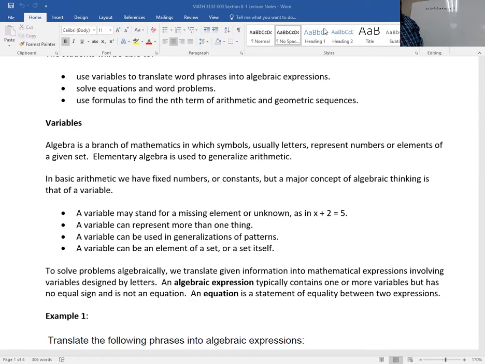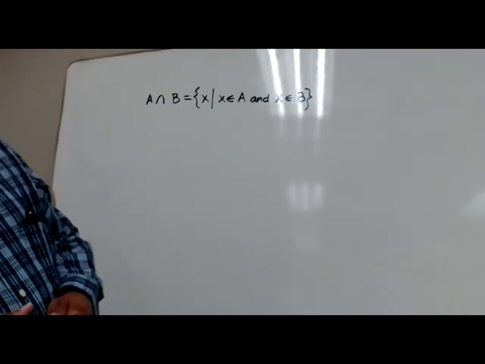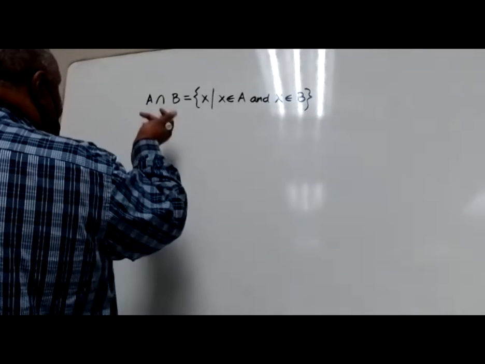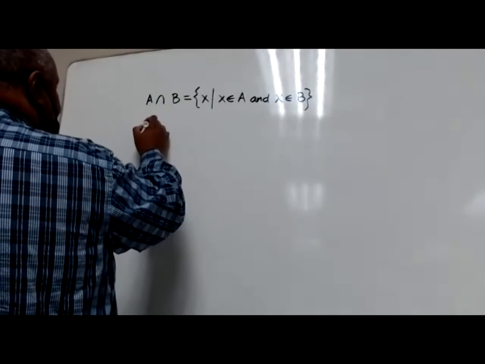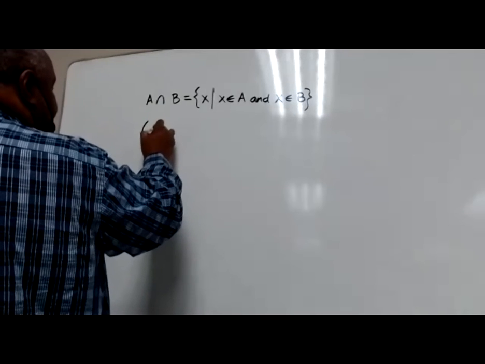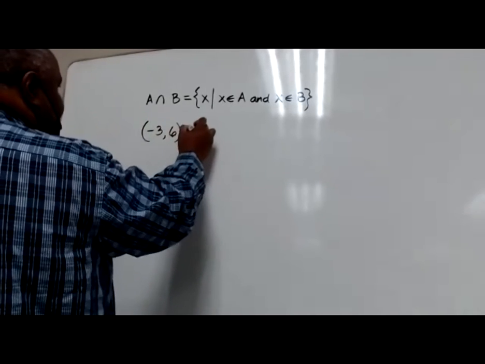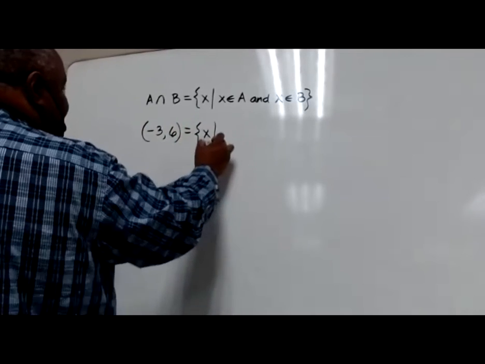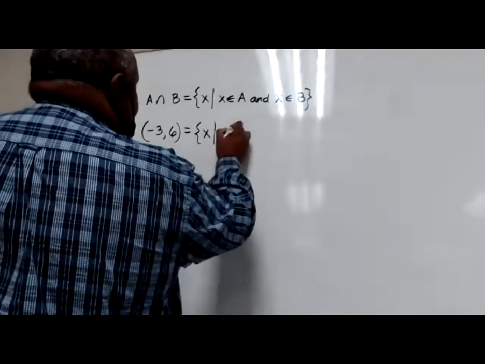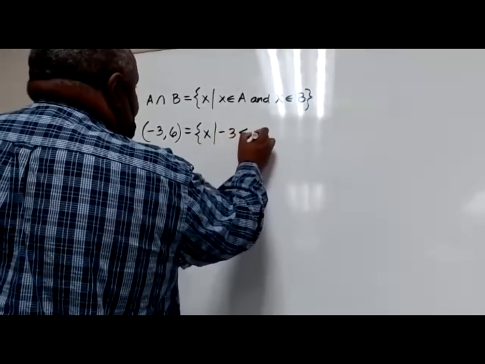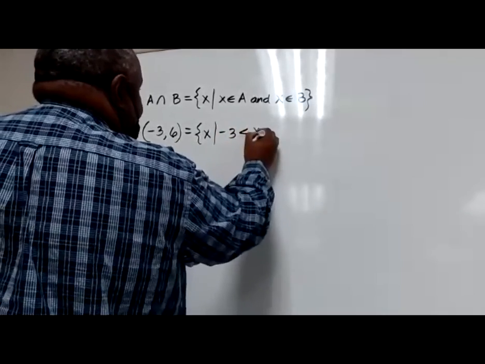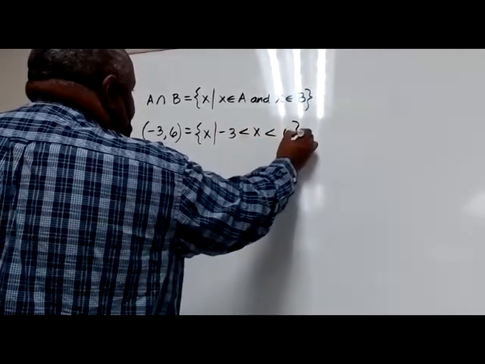Or probably in college algebra, you've probably seen something like this. For a solution set, let's say the interval notation would be something like -3 to 6. That would be the set of all values of x such that -3 is strictly less than x and x is less than 6.